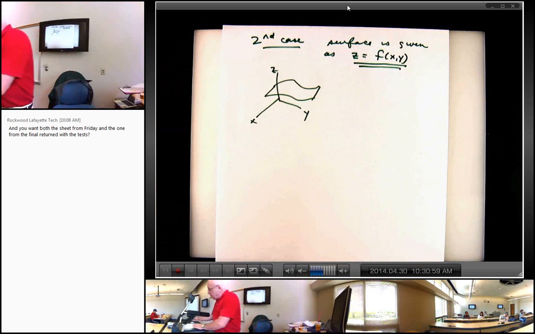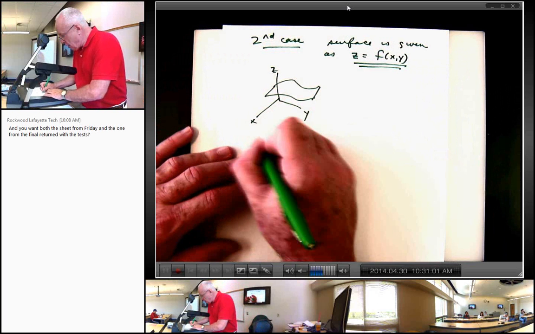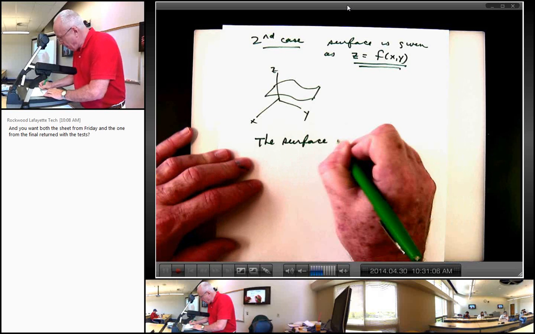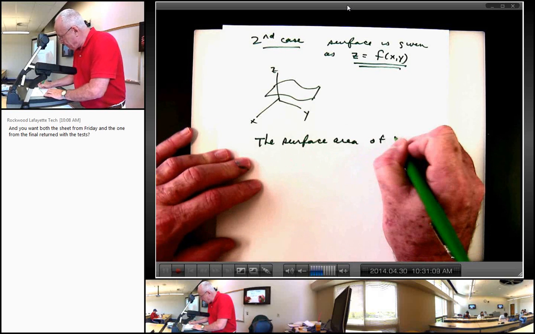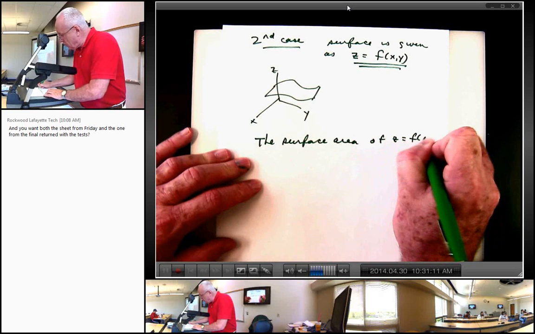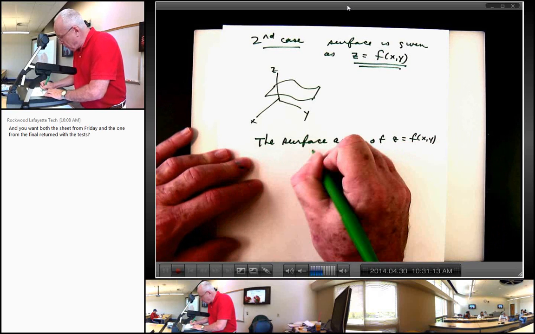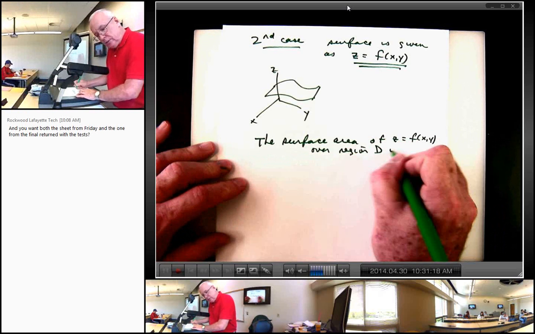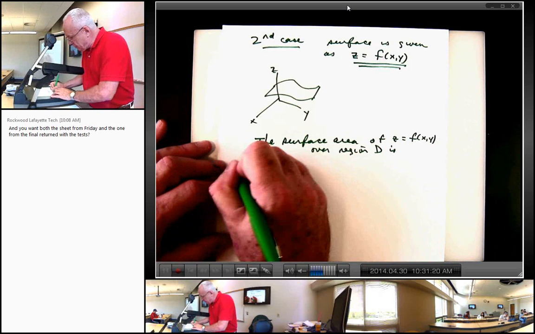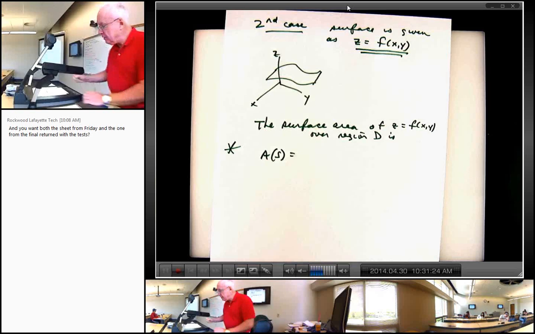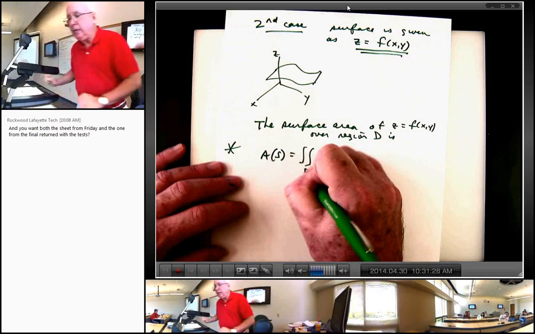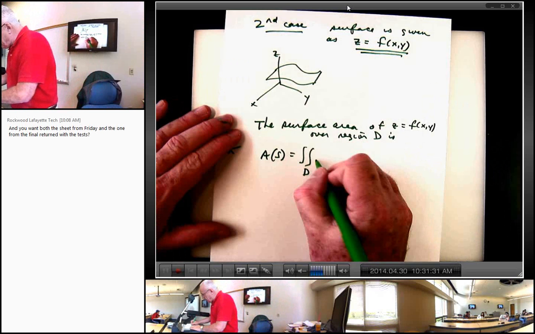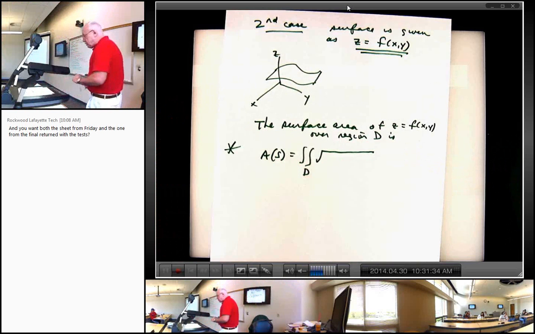All right, so in this case, then, the surface area of z equaling f of x, y over a region capital D is, okay, again, let me put an asterisk here. Surface area is, again, a double integral over D. But now what we're going to have on the inside, there's a lot less preliminary calculation that has to be done.